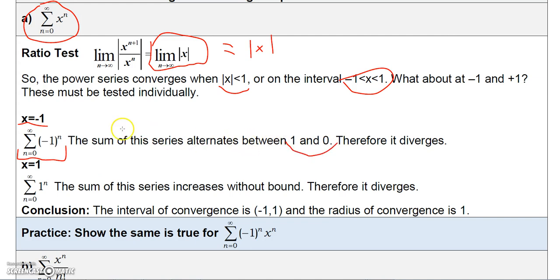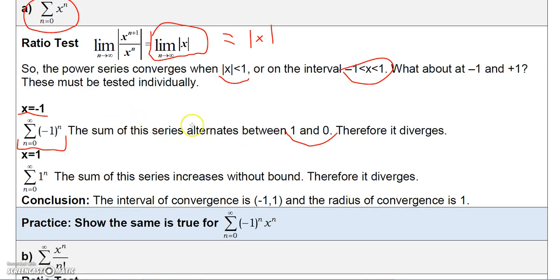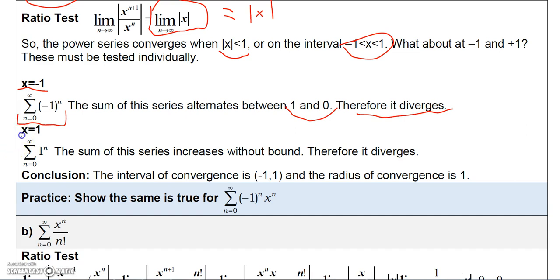So it actually would never converge to a particular value, so therefore it diverges at -1. Now at x equal 1, you get the series 1 to the n, and that sum would actually increase without bound, so therefore it diverges.